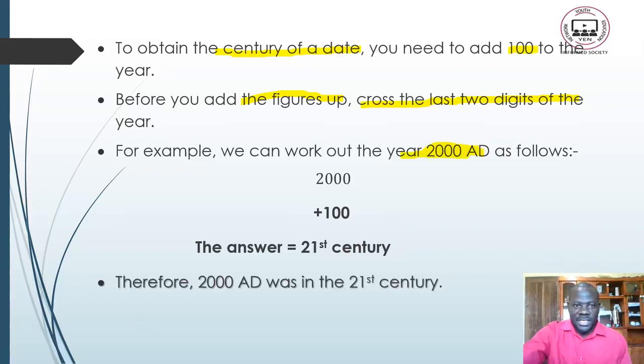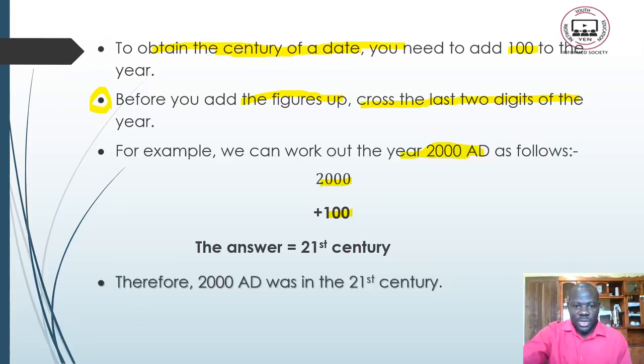We have said that to obtain a century, you add 100 to that year, so 2000 is here, and you add 100. We have also said that before you add the figures, you cross out the last two digits.